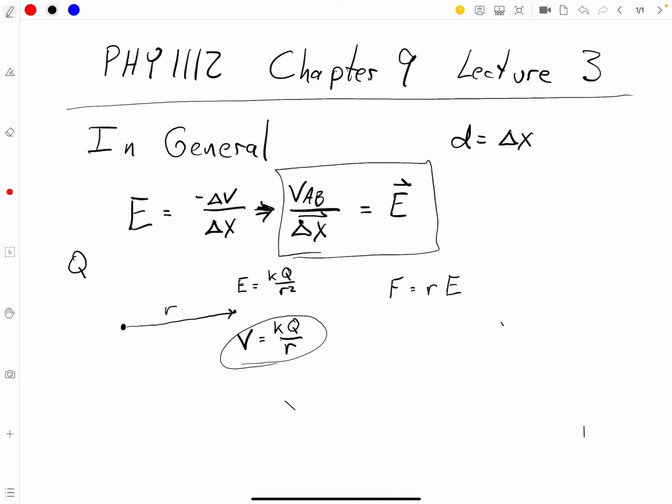I'm sorry. It's the charge times the electric field, of course. Which then is KQ over R squared.